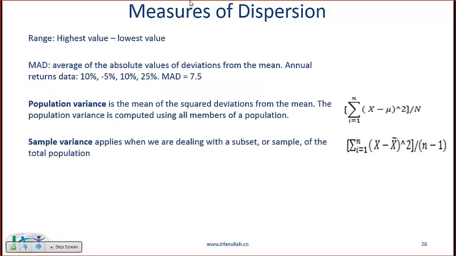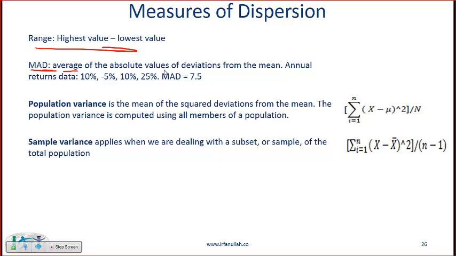Next item is measures of dispersion. How spread out is our data? The most basic measure is range, which is high value minus low value. Another measure is mean absolute deviation. There is a formula for this, but I would prefer that you think of it intuitively based on the definition.